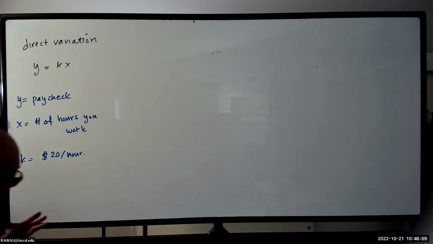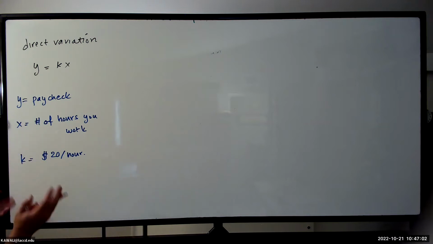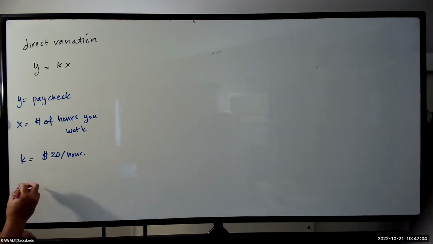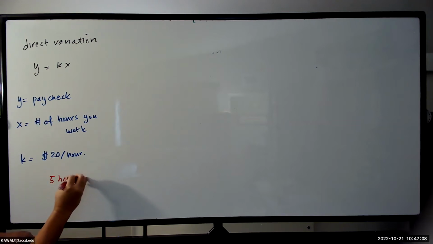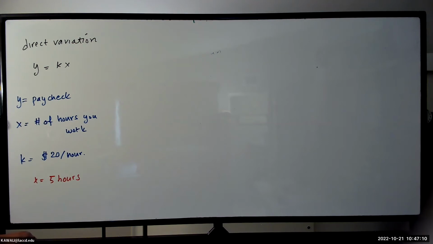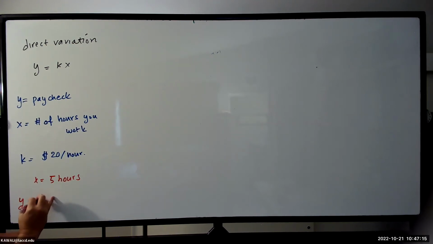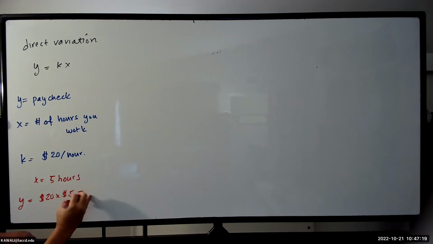Now, it's easy for us to think of this intuitively, that if I work 5 hours, then my paycheck is going to be $20 times 5 is equal to $100.